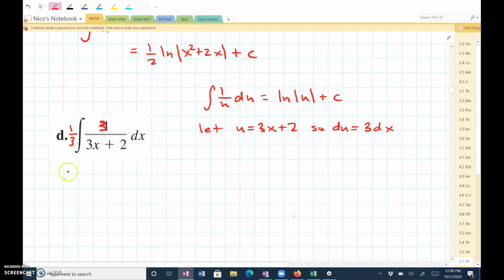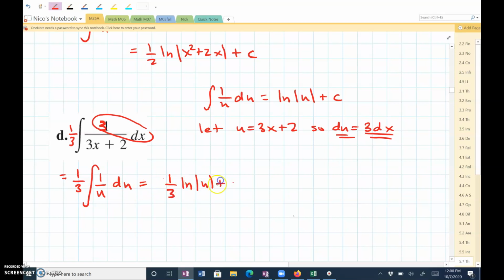And now we can substitute. So this would be 1/3 times the integral 3dx is going to be du, so 1 times du. 3x plus 2, that's going to be u. Now we can apply the rule, which would be 1/3 the natural log of the absolute value of u plus c. And then again, don't forget to substitute u back in, which is 3x plus 2 plus c.